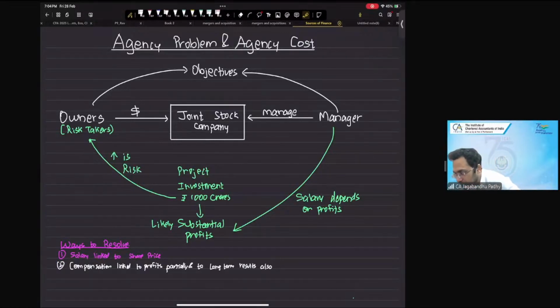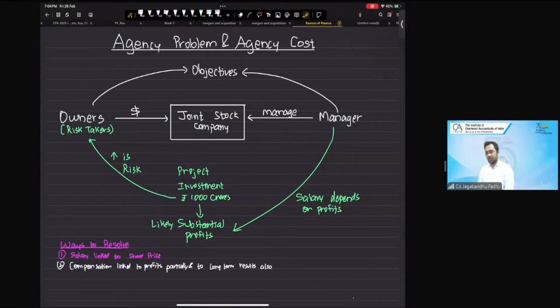But does that really happen in the case of more sophisticated business structures like joint stock companies? No. In joint stock companies, owners are a different class of people and managers are a different class of people. Who are the owners of a joint stock company?